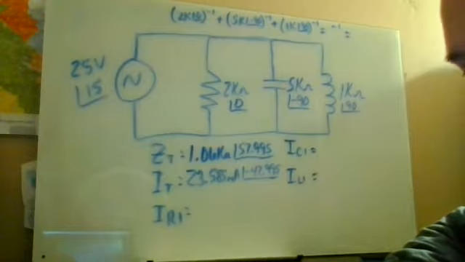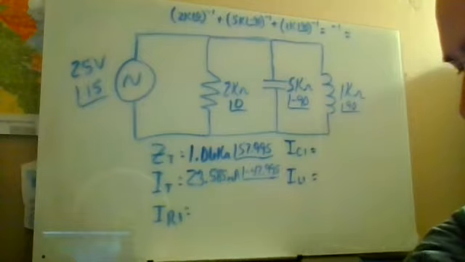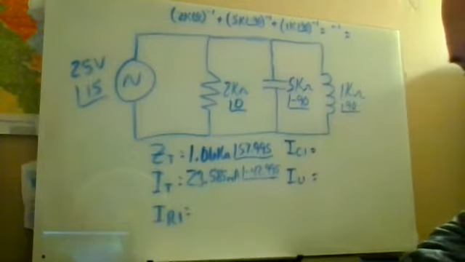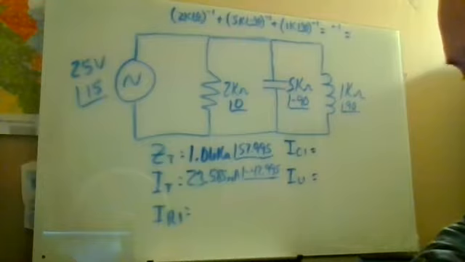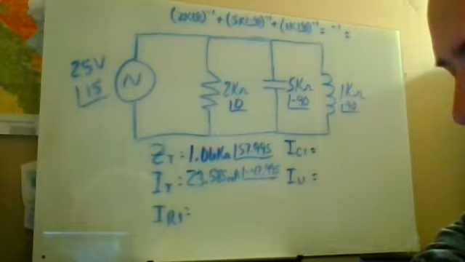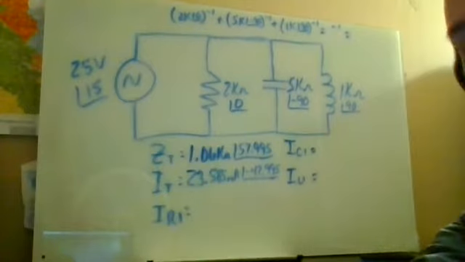Then hit shift reciprocal, plus, open parentheses again, 5 exponent 3 at an angle of negative 90, close parentheses, shift reciprocal, plus, open parentheses, 1K, 1 exponent 3 at an angle of 90, close parentheses. Oh, you know what I didn't do? Shift reciprocal. I didn't do that last shift reciprocal. Equals, and then I'm going to hit shift reciprocal one more time, and equals.